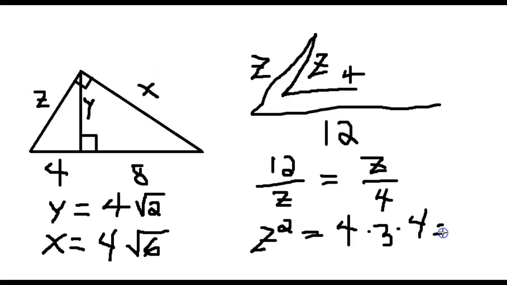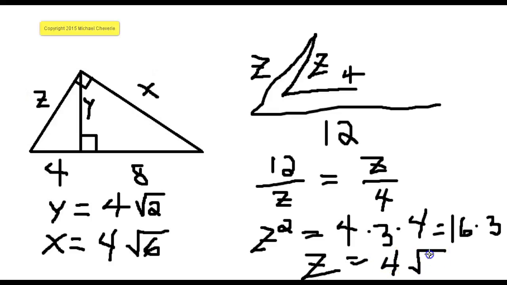That's equal to 16 times 3. And the square root of z squared is z. The square root of 16 is 4. And the square root of 3 is root 3.